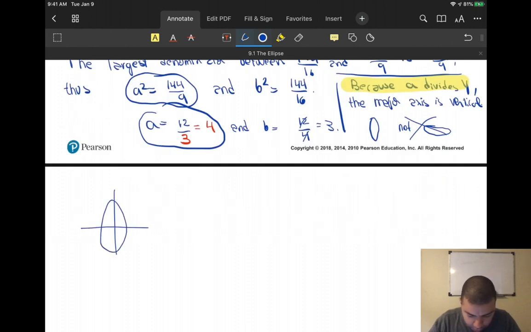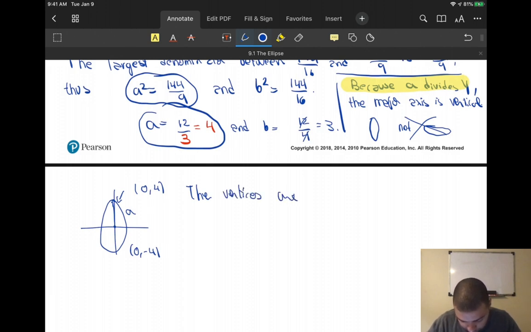This is the major axis and this is the distance A. So this point is (0, 4), and this is (0, -4). So these are the vertices: (0, 4) and (0, -4).